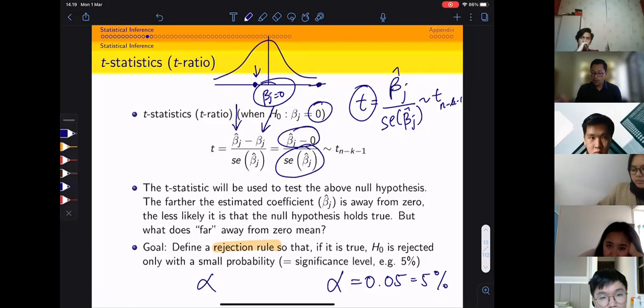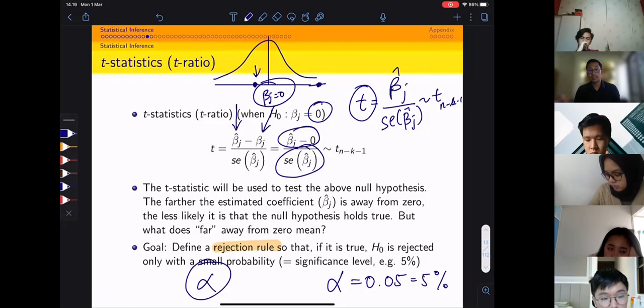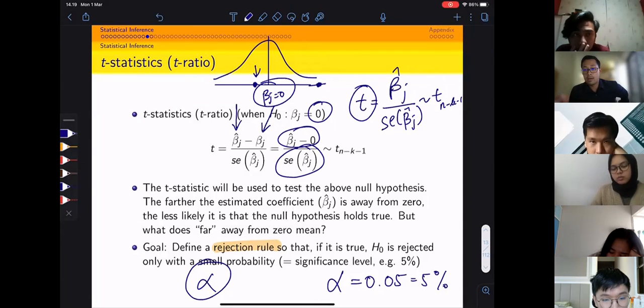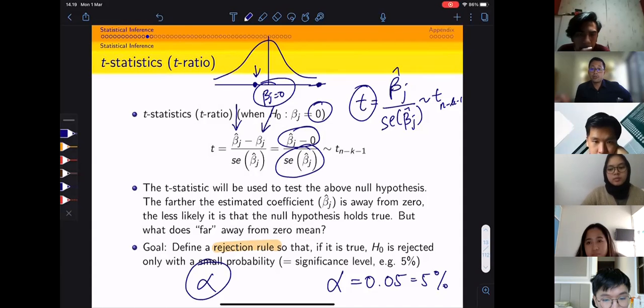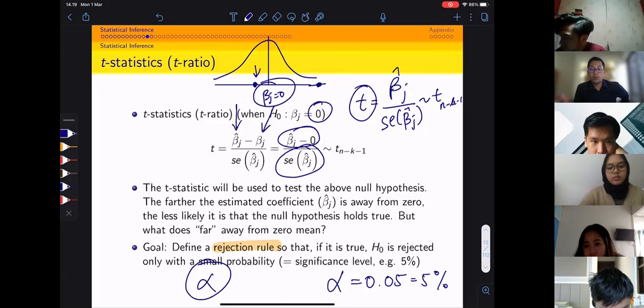So in economics, we want to use a very low alpha. The alpha usually used in practice is 1%, 5%, and then 10%. An alpha of 1% means that there is a 1% probability that we reject the true null hypothesis.